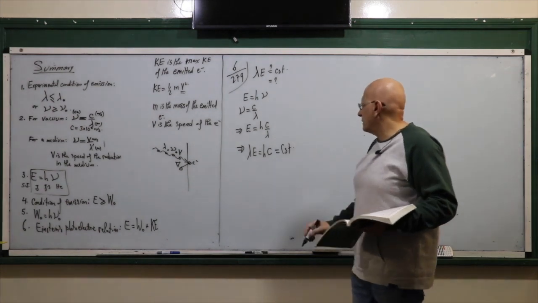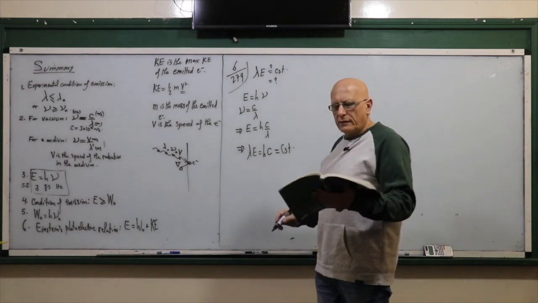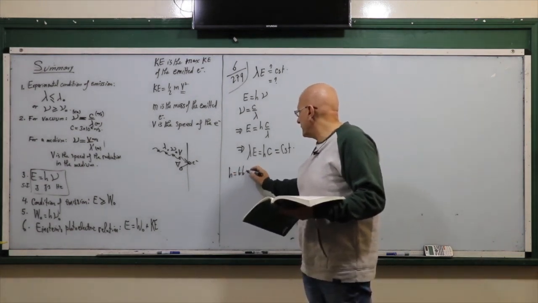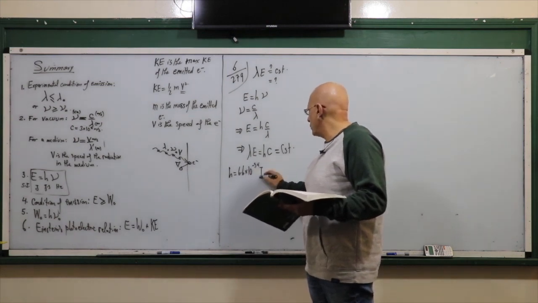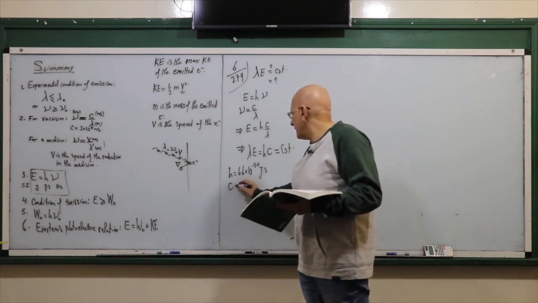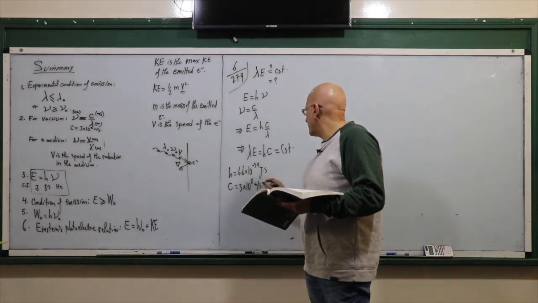So we prove it. Calculate its value. It is given here in your book to take h equal to 6.6 times 10 power minus 34 joule times second, with c equal to 3 times 10 power 8 meter per second.